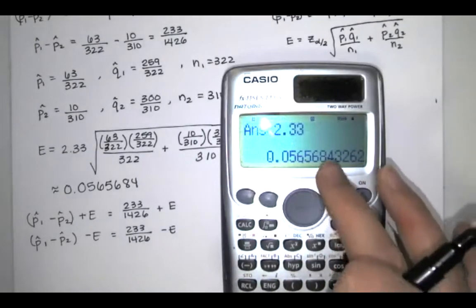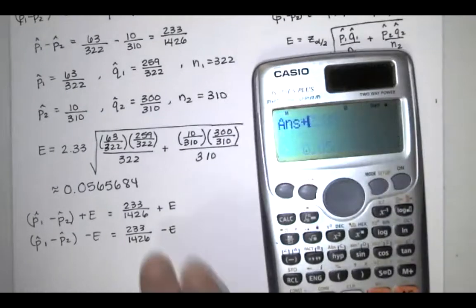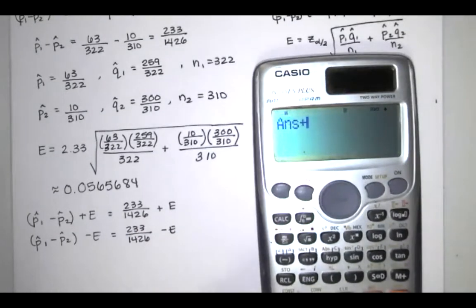So I'm just going to take this value and add P1 hat minus P2 hat, which is that 233 over 1426. And I get about 0.2199. If I round to 3 decimal places, that's going to be 0.220.